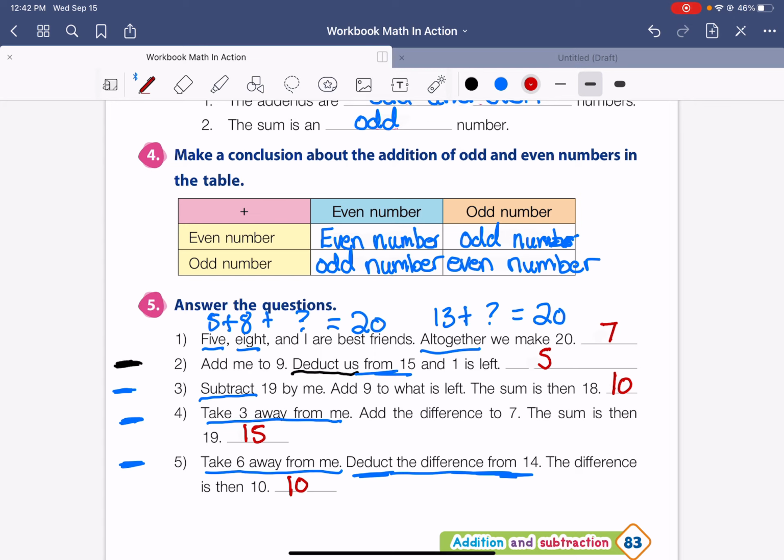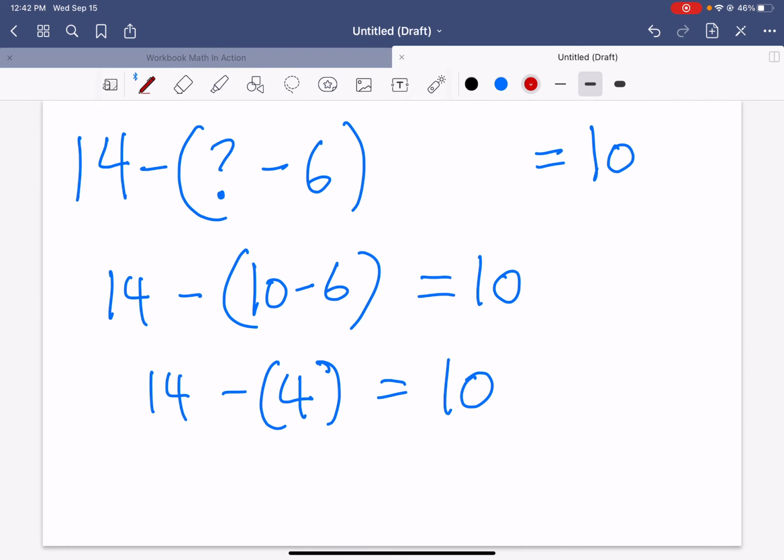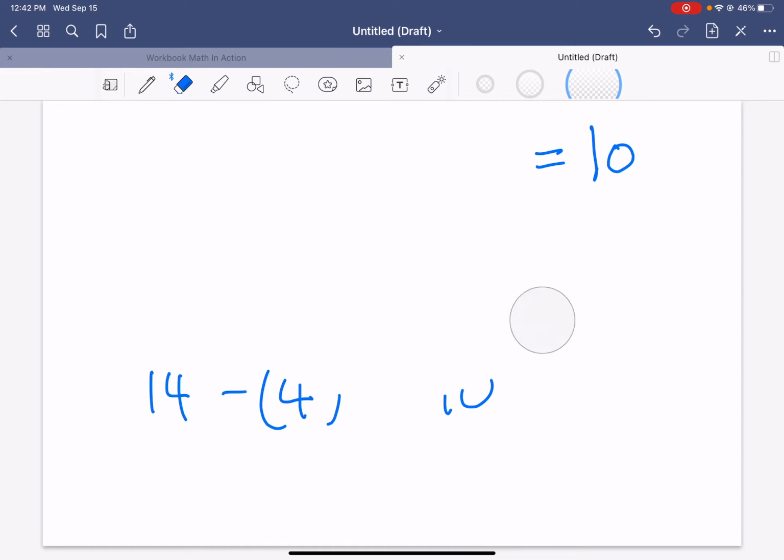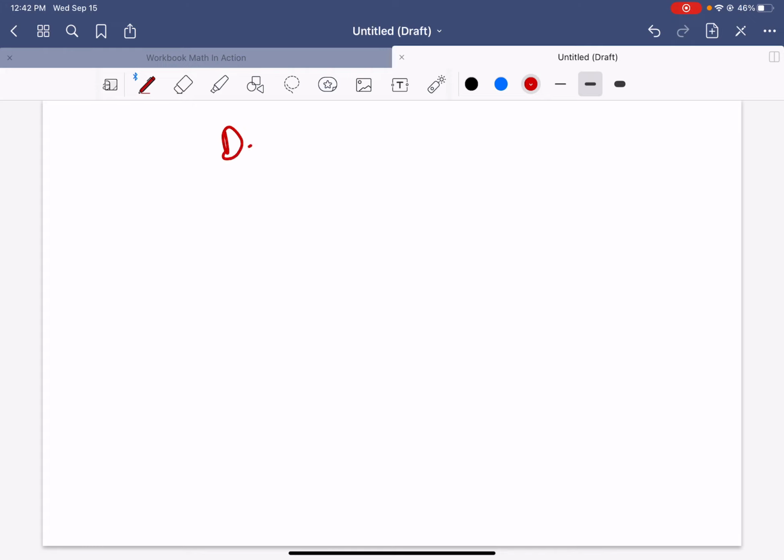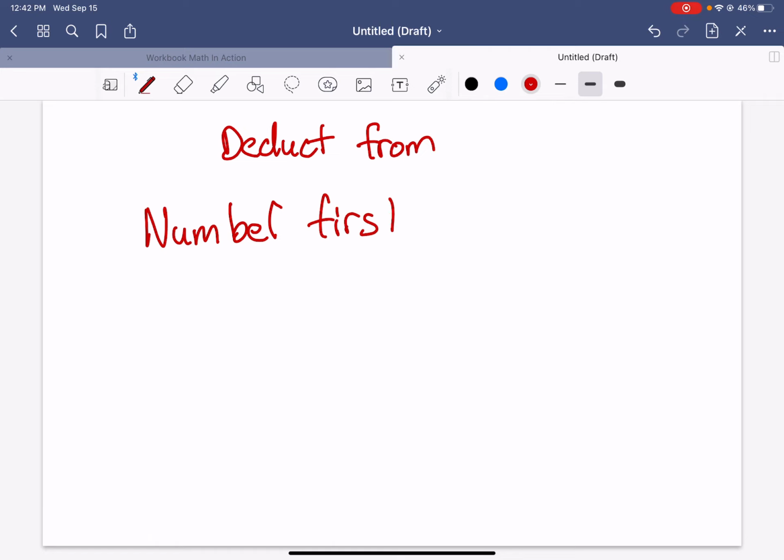All right, let me clarify. Deduct from. When it says deduct from, right? Number first, and then minus, right?